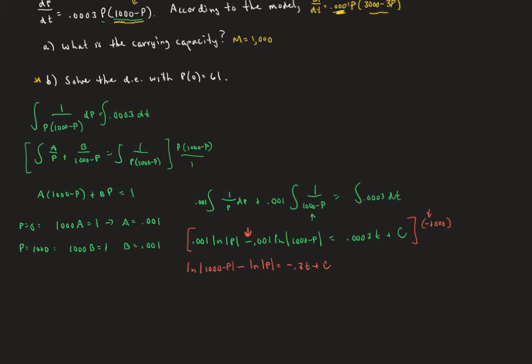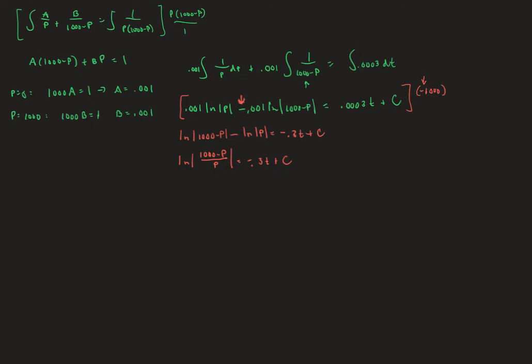Now this is an improvement, because now on the left side we can condense this logarithm into what we really want, which is 1,000 minus p all over p, equal to that negative 0.3 t plus c. I'm going to move the screen up a little bit here.